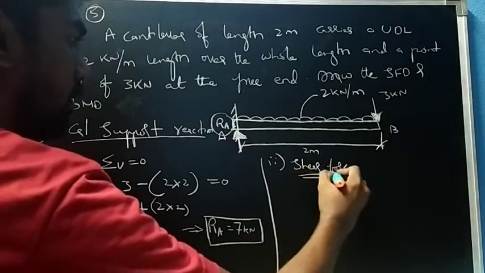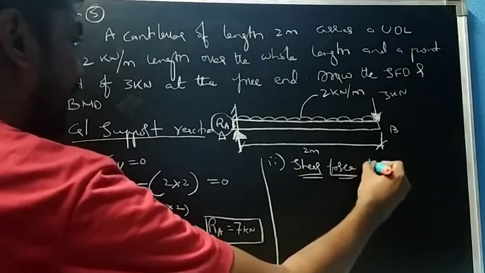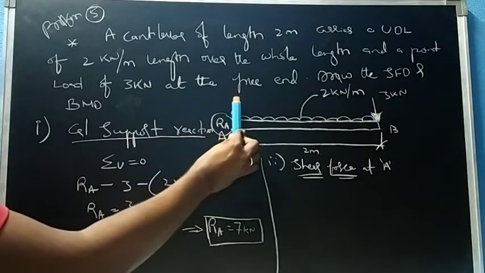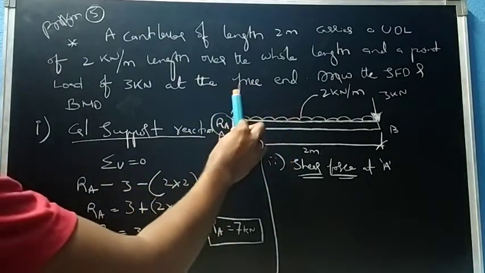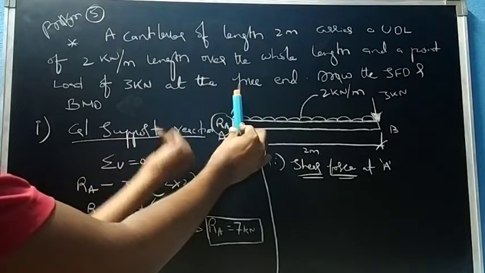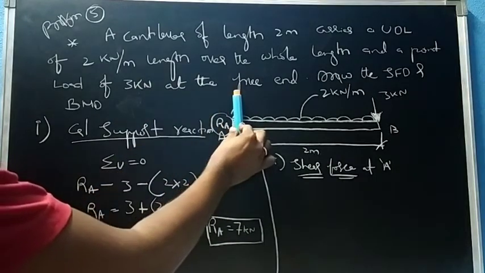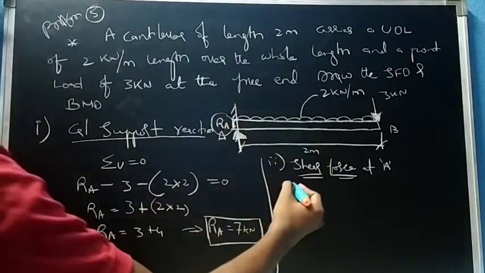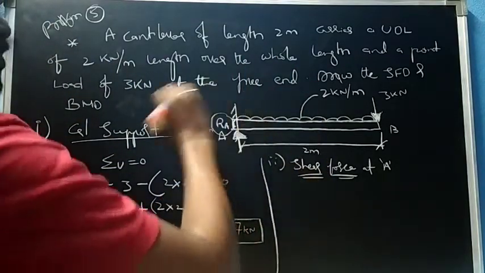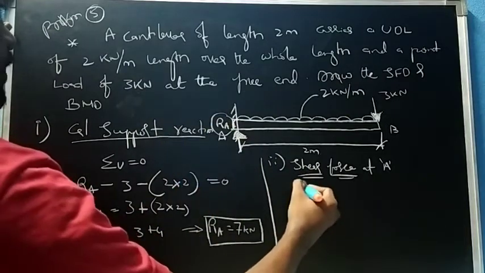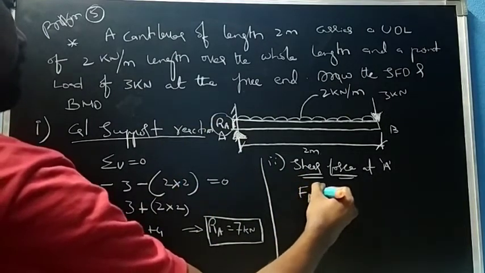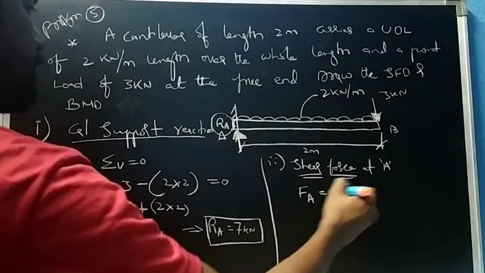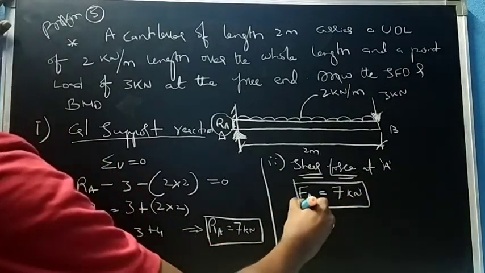We'll calculate shear force at A. We take all the forces on the left hand side. At this point there are no left hand forces, so FA will directly equal RA, that is 7 kilonewton.